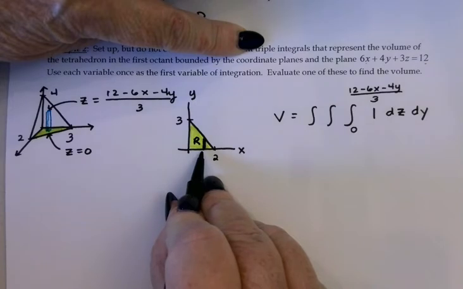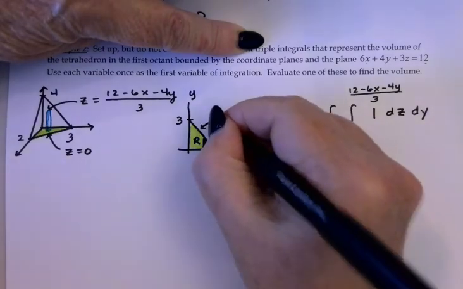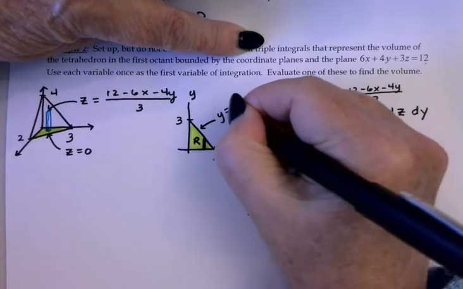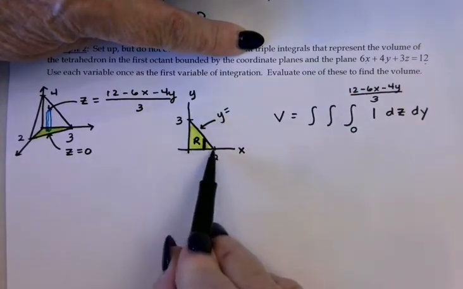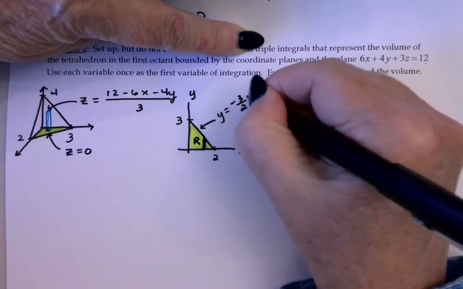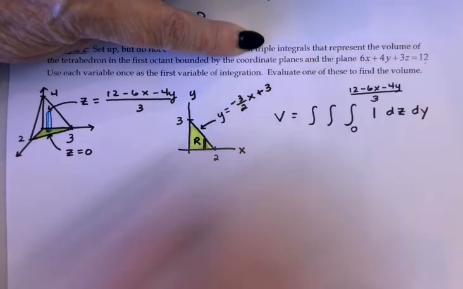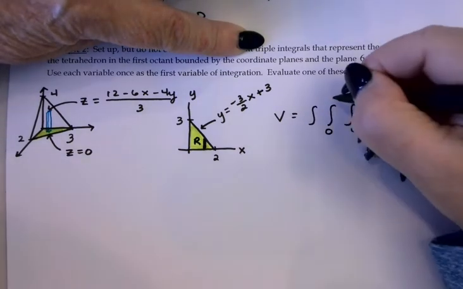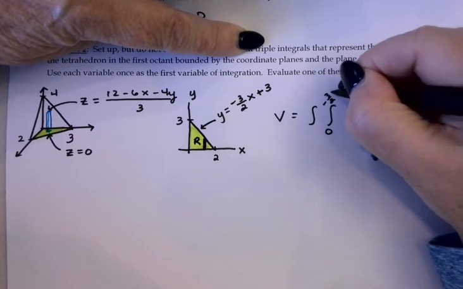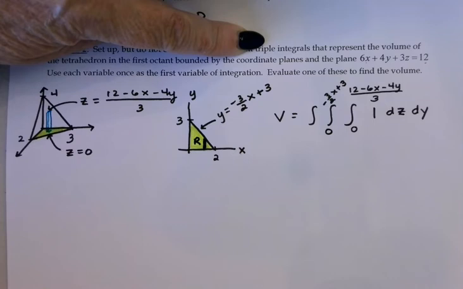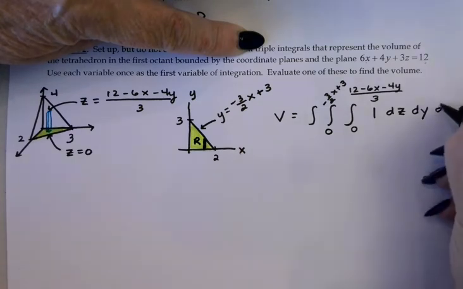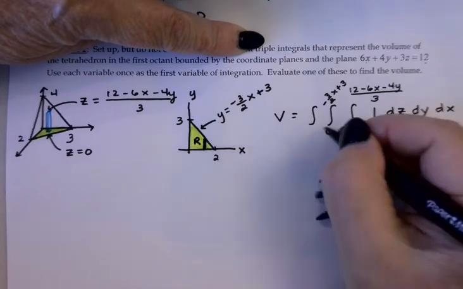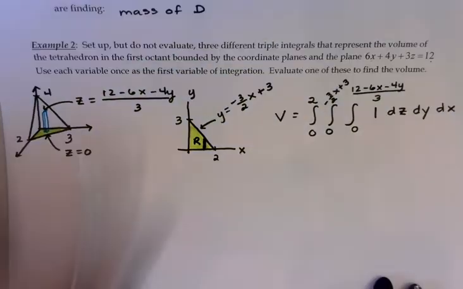Y from the bottom to the top would go from 0 to the slanted line. That line would be y equals slope of negative 3/2 x plus a y-intercept of 3. So those are my y limits of integration. And then finally, the dx can simply go from 0 to 2. Outer limits always constants. So that would be one triple integral that represents the volume of that tetrahedron.